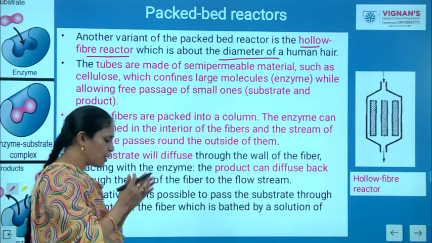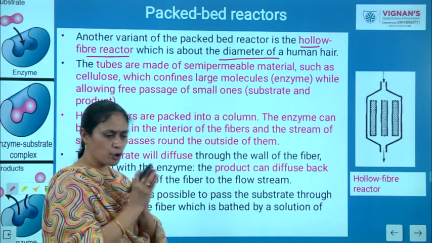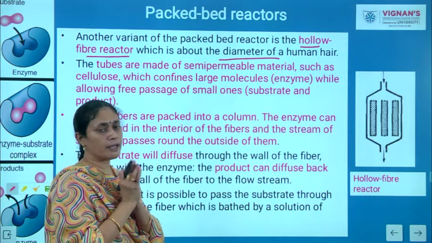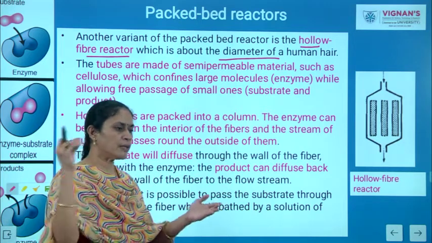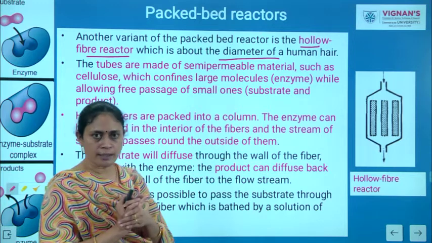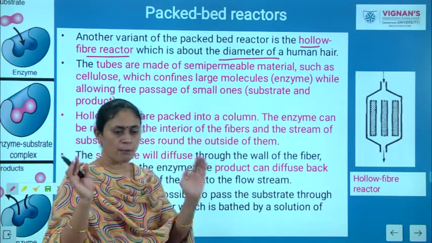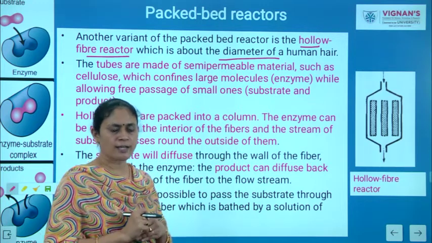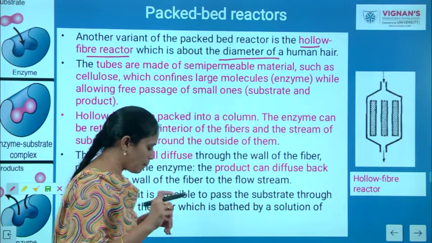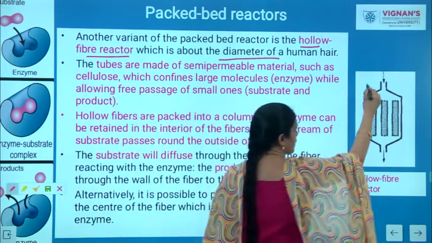So what we are doing is taking a series of tubes which are semi-permeable in nature, and we have immobilized our enzyme in the tube. Your enzyme will be of larger size and will get immobilized into your tube. And you are placing your tubes inside the reactor.